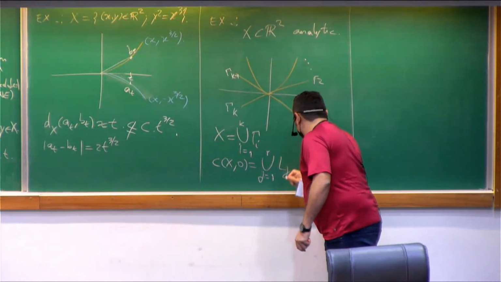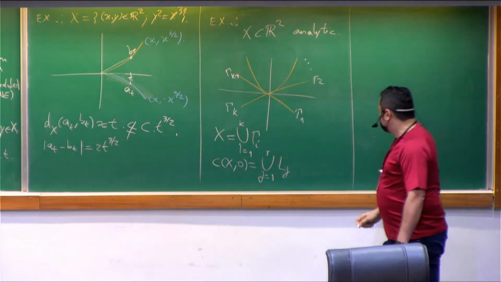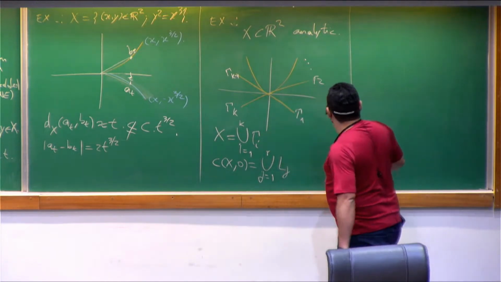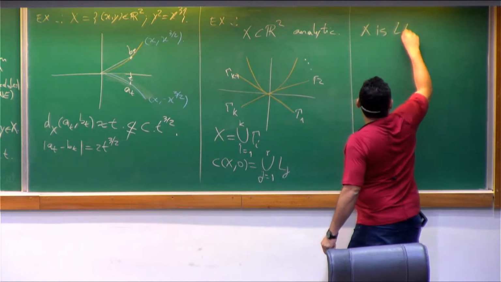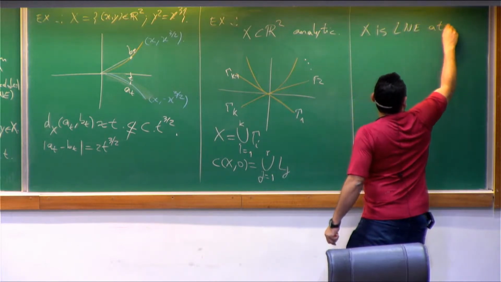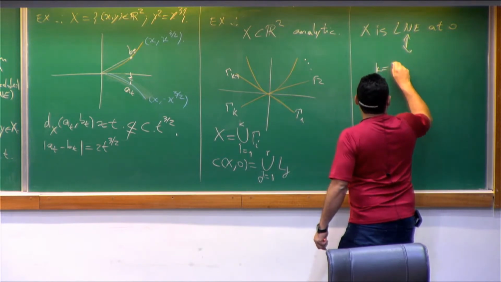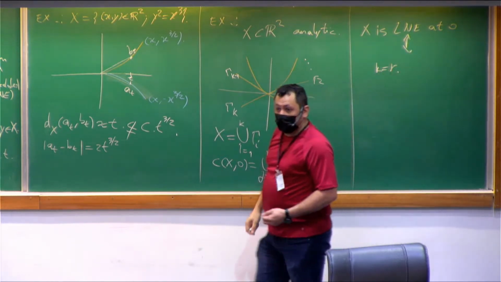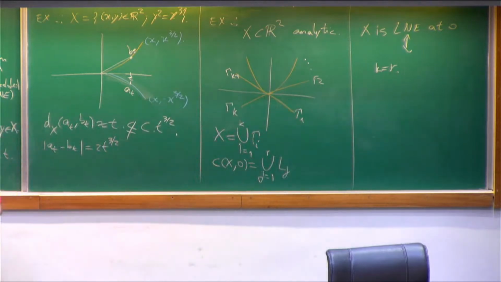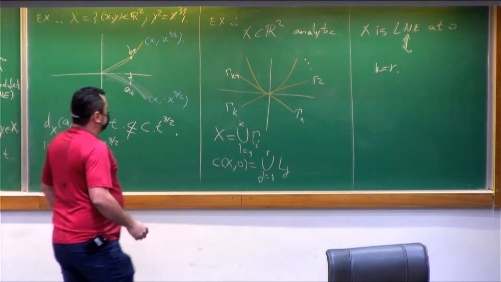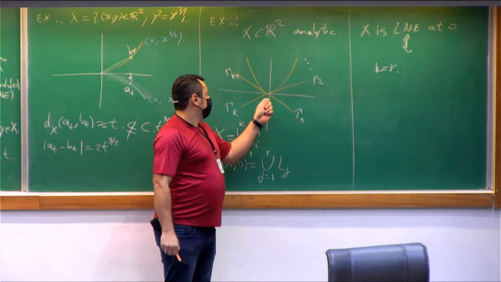So with that assumption, X is LNE at 0 if and only if k is equal to r, for example. It's an easy exercise; I think you can do it. It's more or less easy.